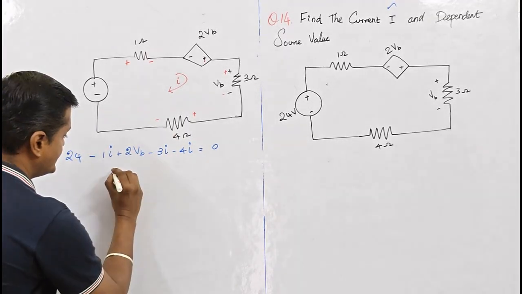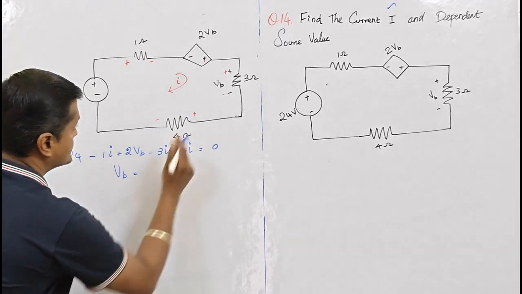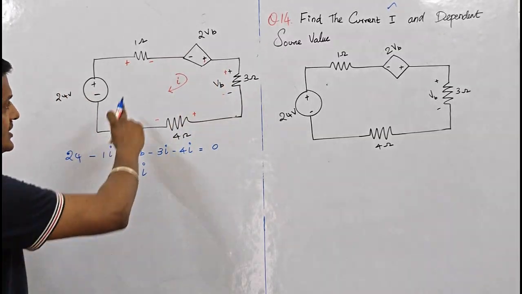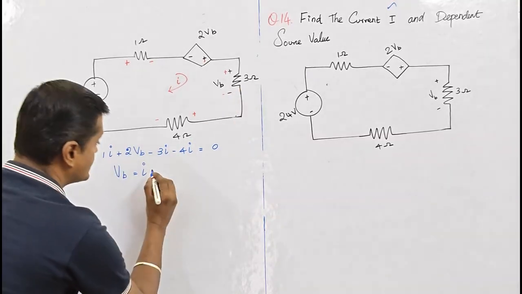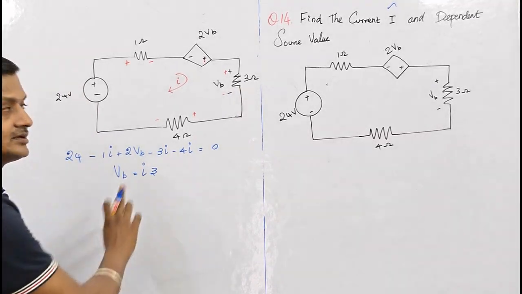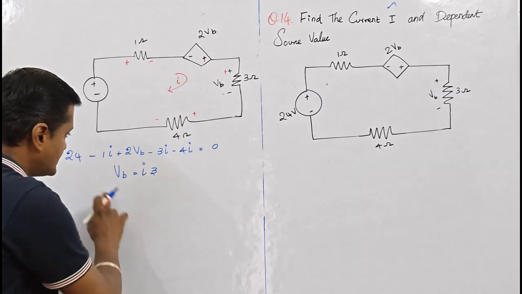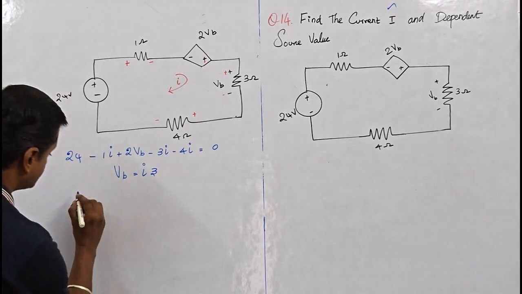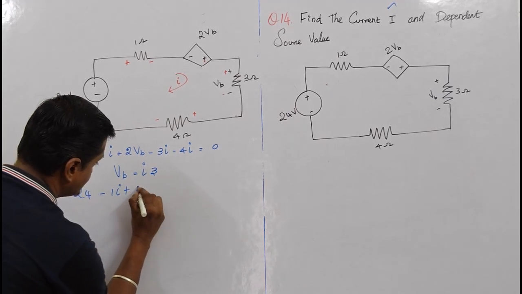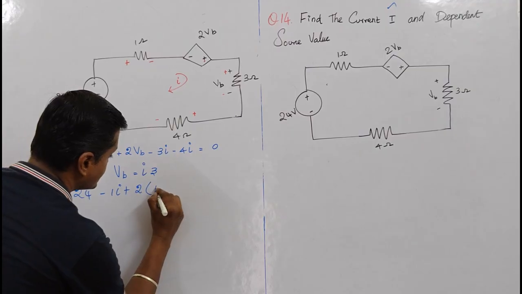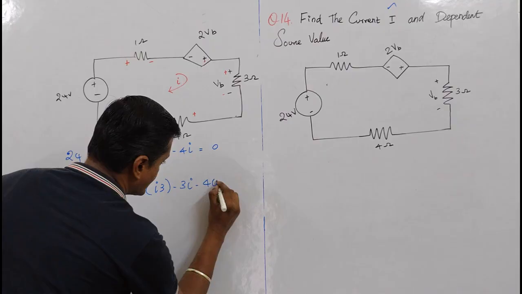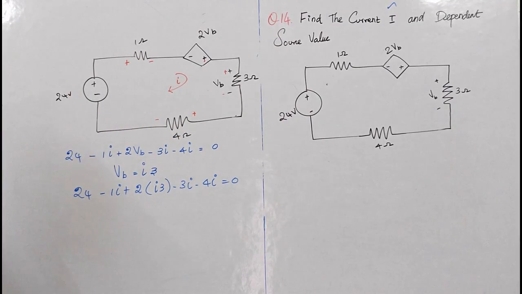So the equation for VB, the voltage, is equal to the current I flowing through it, because in a closed loop the current is the same, and across it the voltage is V. So VB equals I into R, so I into 3. We substitute the value of VB in the above equation. So 24 minus 1I plus 2 VB, substituting I into 3, minus 3I minus 4I, equal to 0, right?